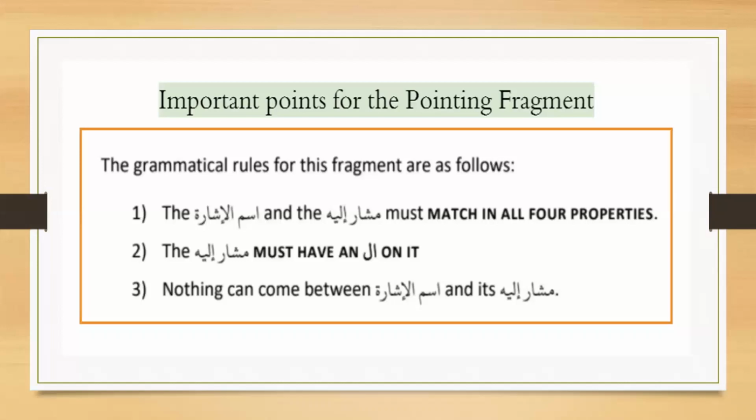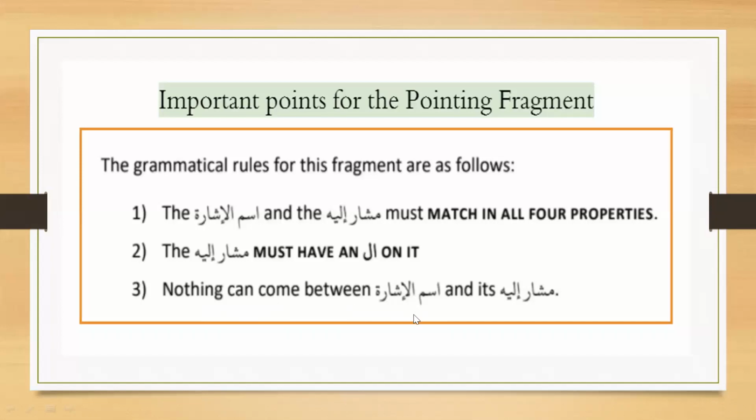And so you got the point, because alhamdulillah, we have learned mudaf ilay, then we have harf of jar fragment, harf of nasb fragment, mausoof sifa, and this is the fifth one that we are learning.